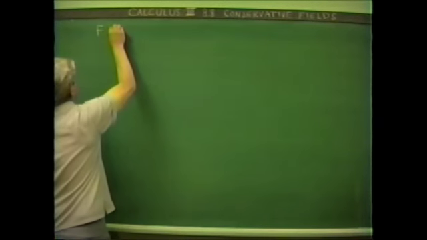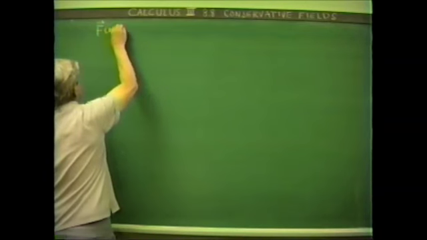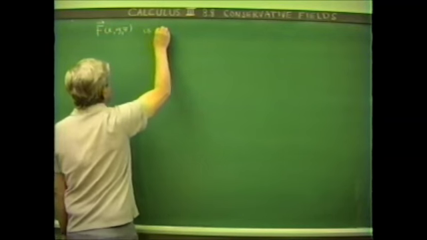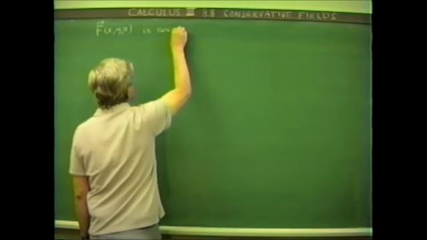A vector-valued field F of x, y, and z is said to be conservative.